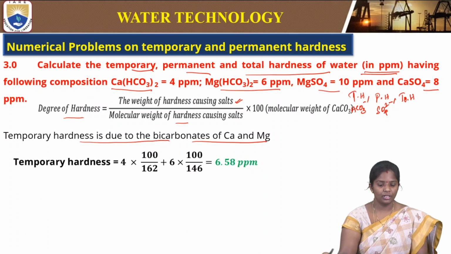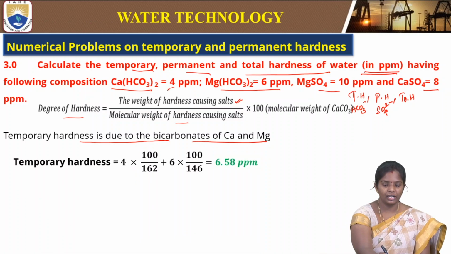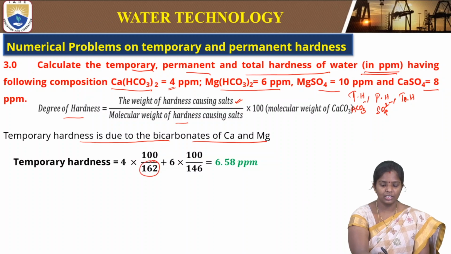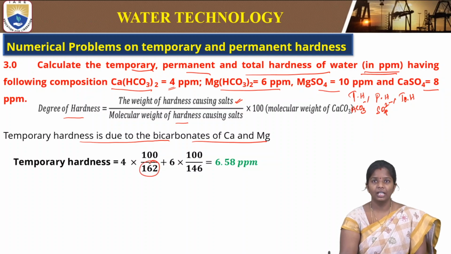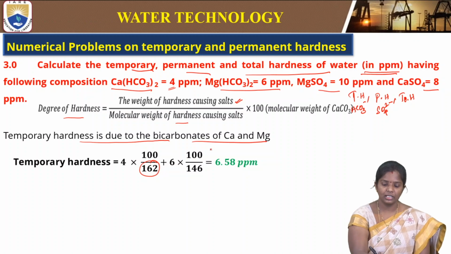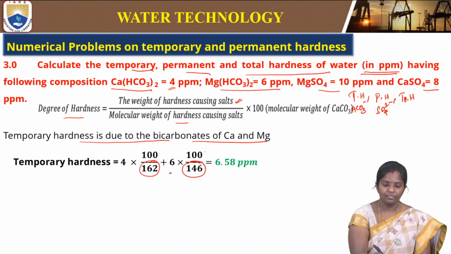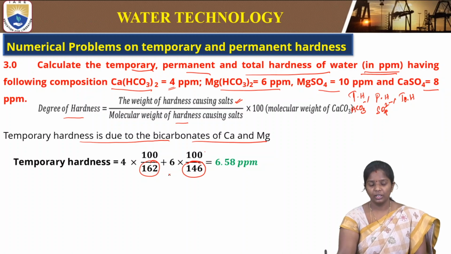So temporary hardness is equal to, what is the bicarbonate present? Calcium bicarbonate 4 into 100 by 162, which is the molecular weight of calcium bicarbonate, plus 6 into 100 by 146, which is the molecular weight of magnesium bicarbonate. So we get 6.58 ppm. This is the value we get for the temporary hardness.